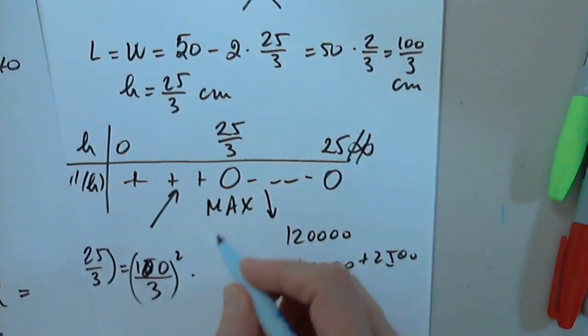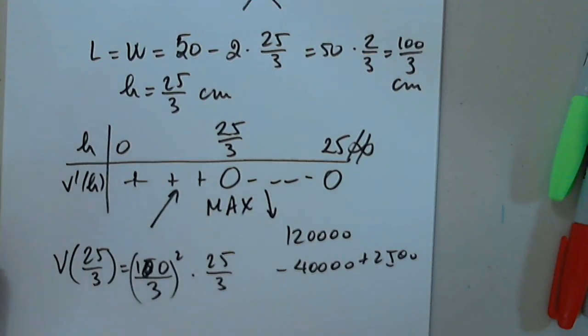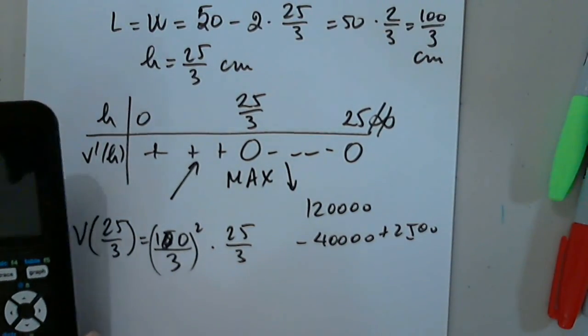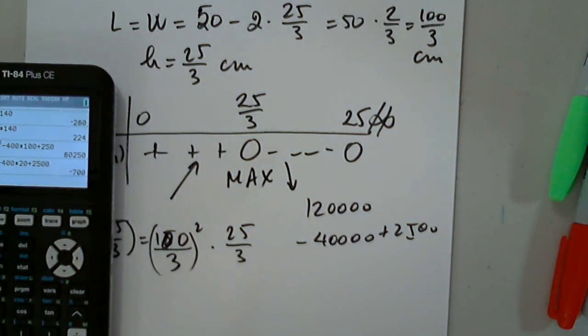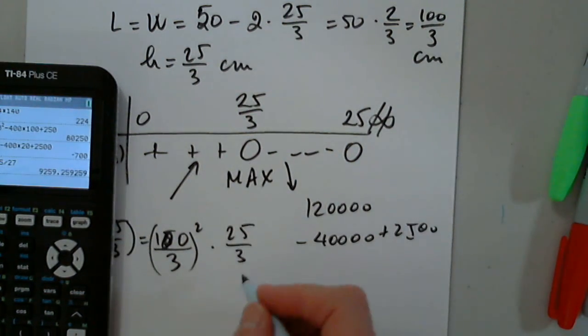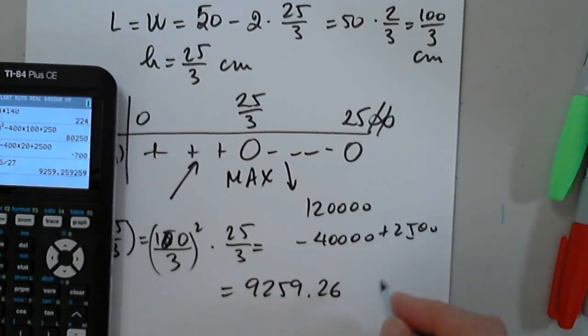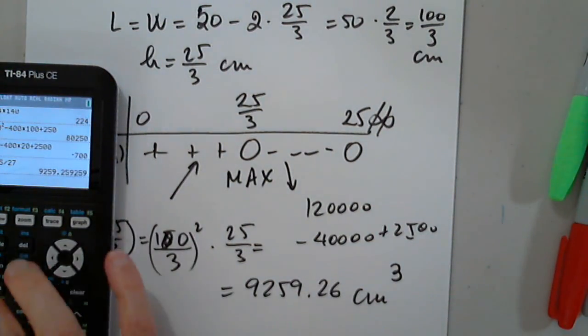Multiplied by h, which is 25 divided by 3. And that will be the maximum. So 100 squared times 25, and I divide by 9 times 3, which is 27. So it will be 9259.26, of course, cubic centimeters.